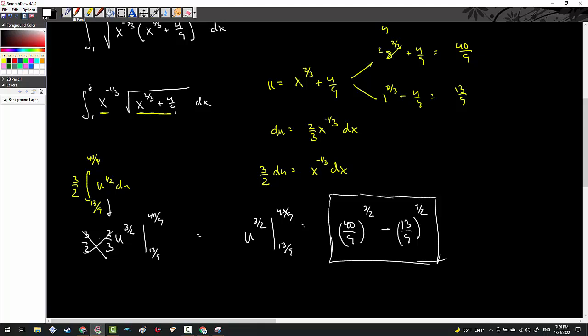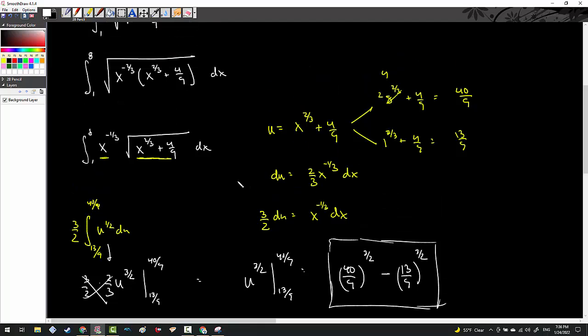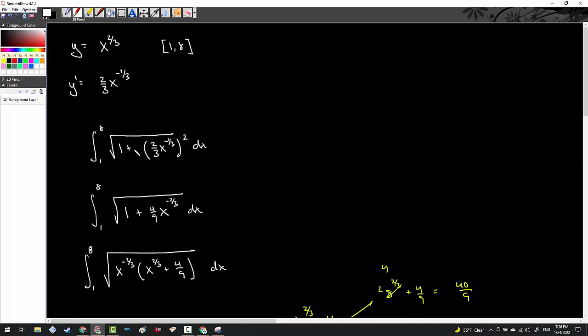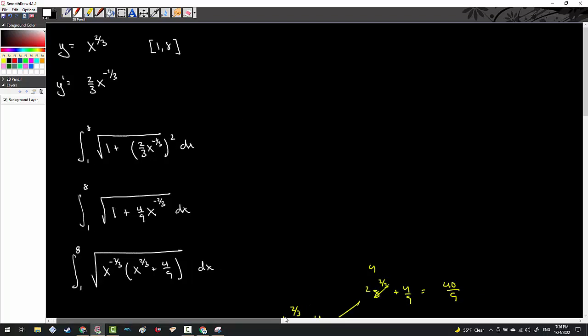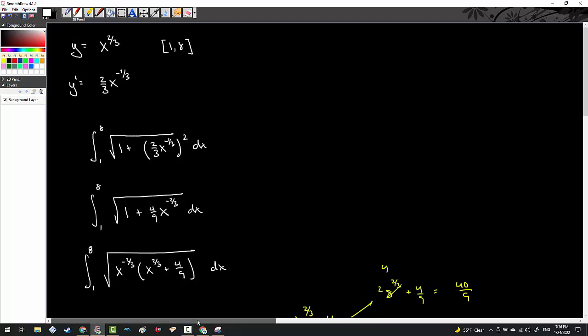Now, there was another option with this the entire time. The other option that would avert this negative exponent crisis would have been, so you see how my original function was y equals x to the 2/3, right?